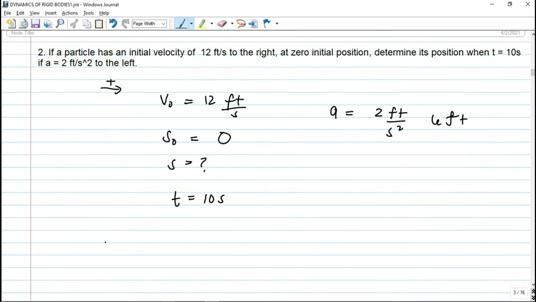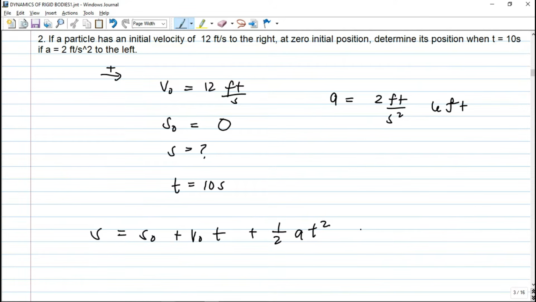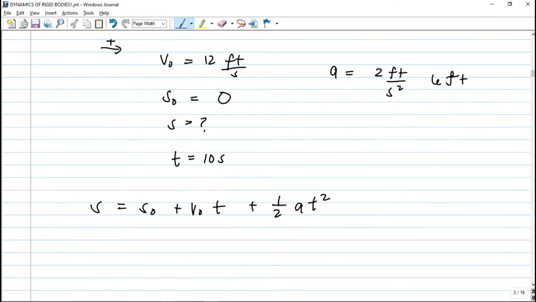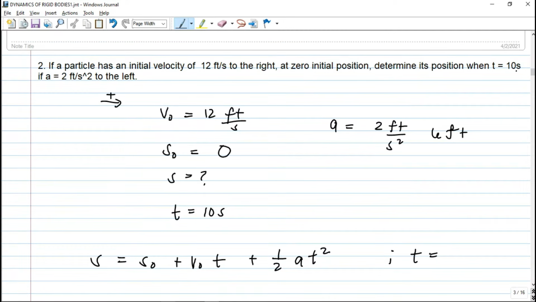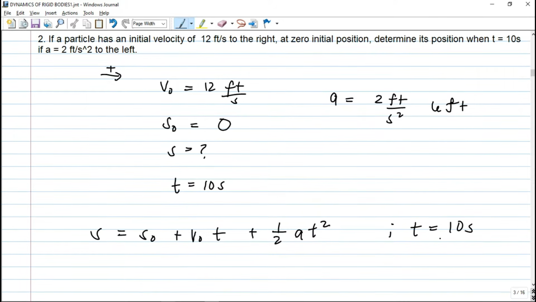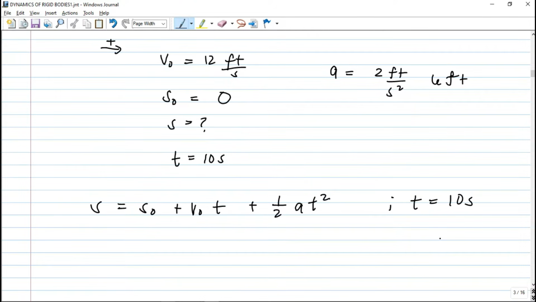We can use the formula s equals s sub o plus v sub o times t plus 1/2 a t squared. Given the time of 10 seconds, what is s, the position when time is equal to 10 seconds?